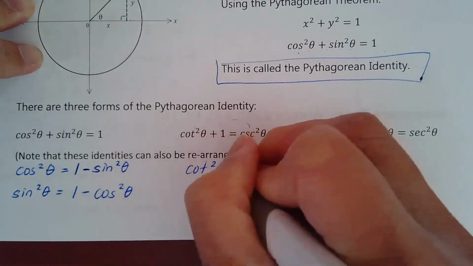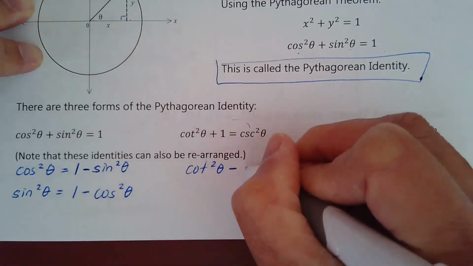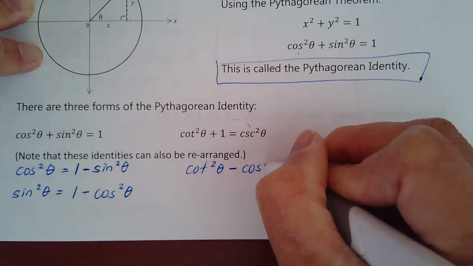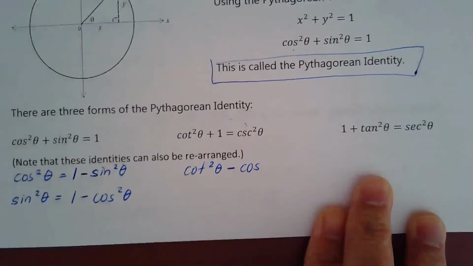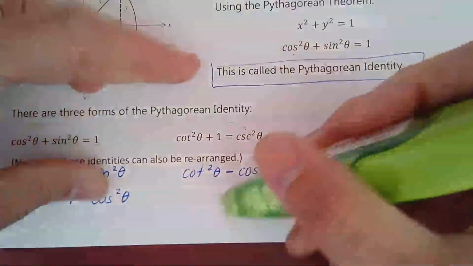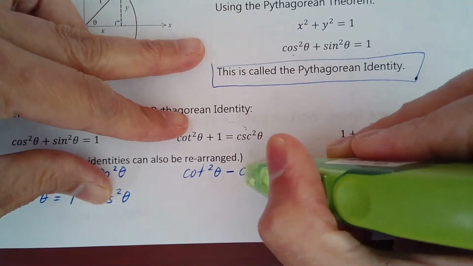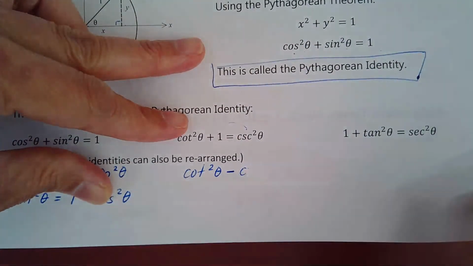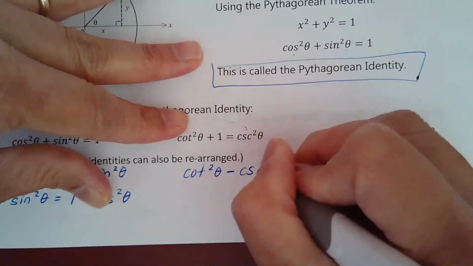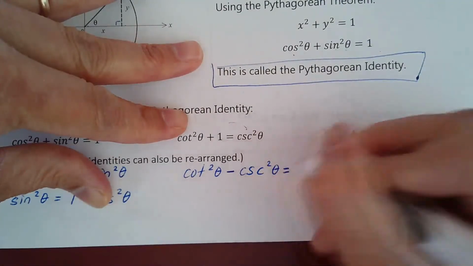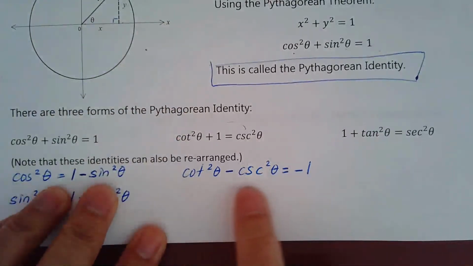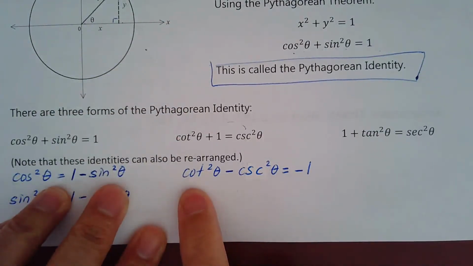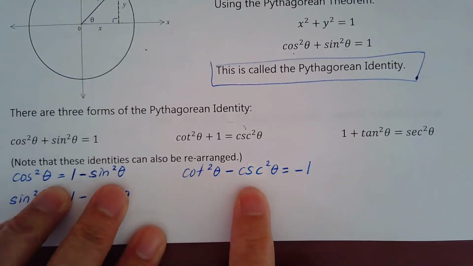Cotangent squared theta minus cosecant squared theta, and that's going to equal -1. Okay, so cotangent squared theta minus cosecant squared theta equals -1.